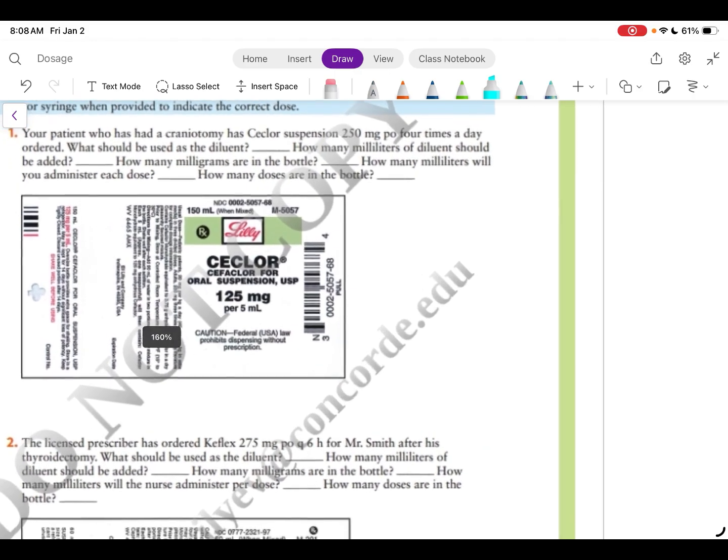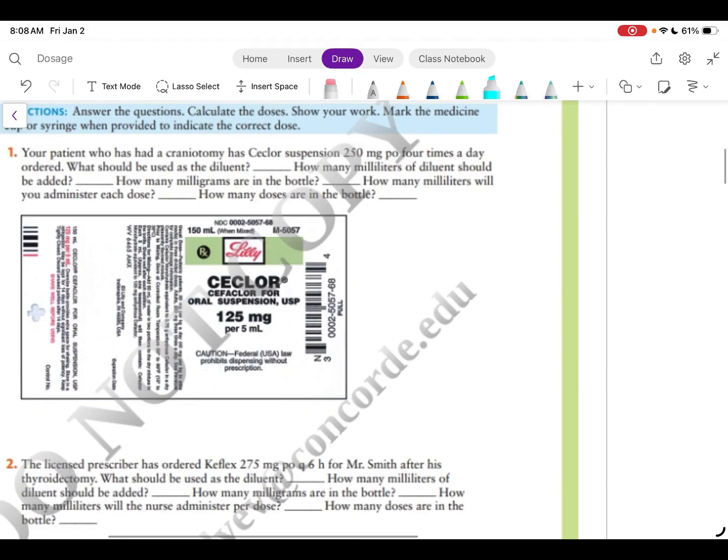So if you look at your books, this page is much more clear, unfortunately, because of me printing it and putting it into OneNote, it's kind of blurry now, but right here are your directions for mixing. And it tells you that your diluent should be water, okay?